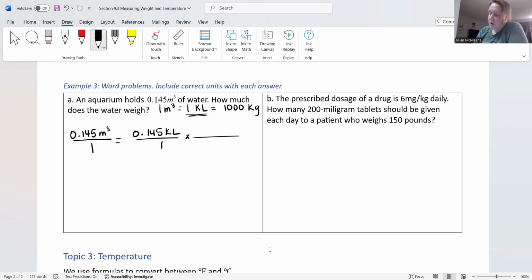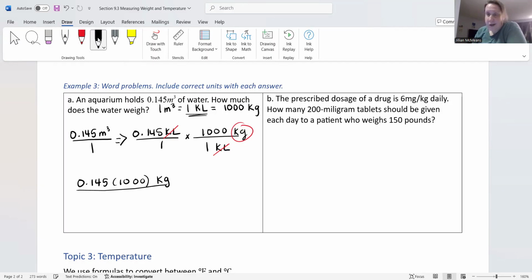Okay. So I know that 1 kiloliter weighs 1,000 kilograms as long as we're talking about water. Kiloliters cancel, leaving kilograms, which is a measure of weight, in the numerator. So I clean it up, and in my numerator, I get 0.145 times 1,000, and the unit of measure is kilograms.